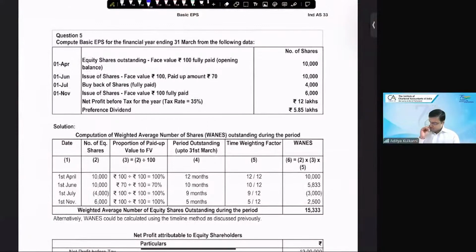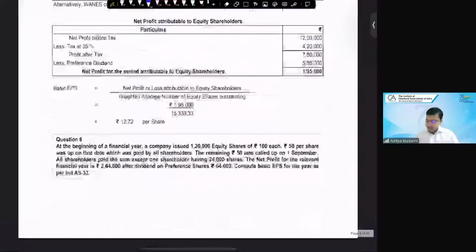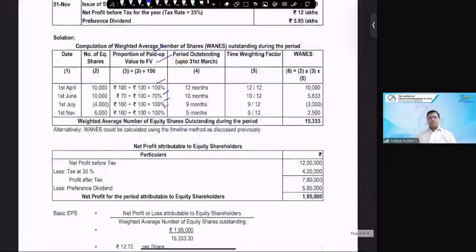If we do it quickly, the proportion of paid up value is something which is added here. 100%, 70%, 100%, and 100%. Rest all calculations remain the same.